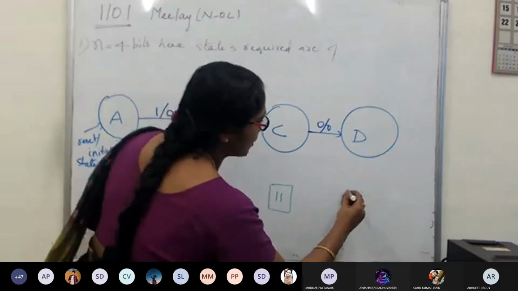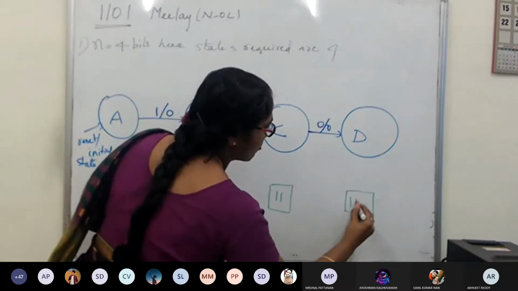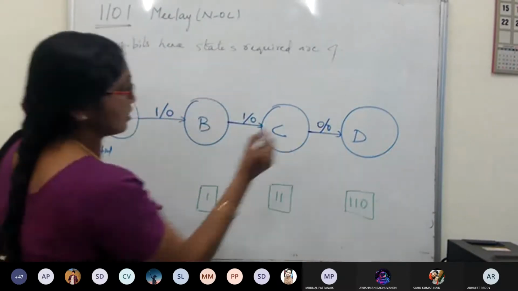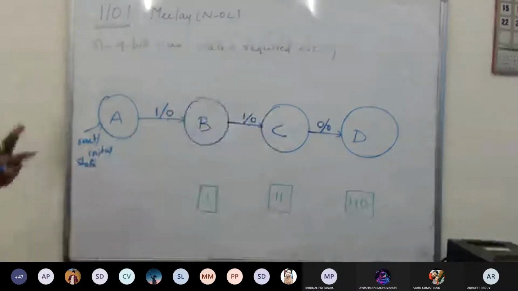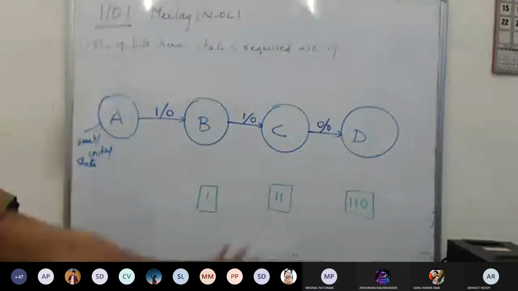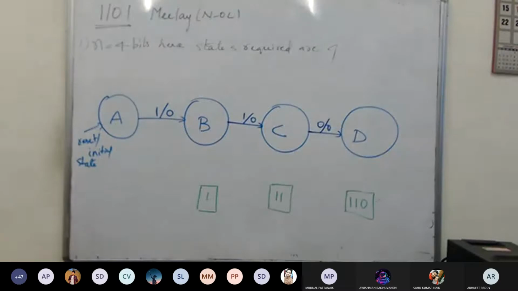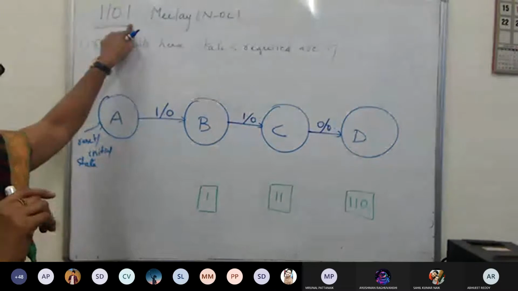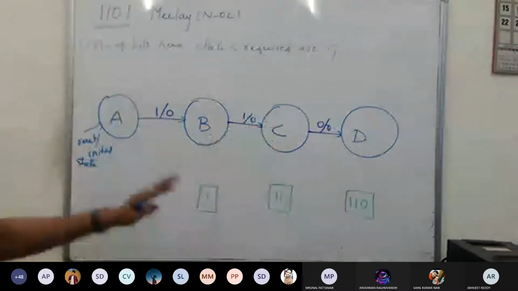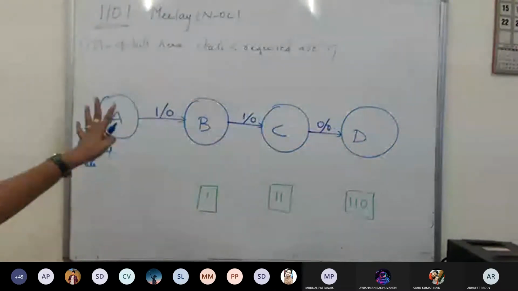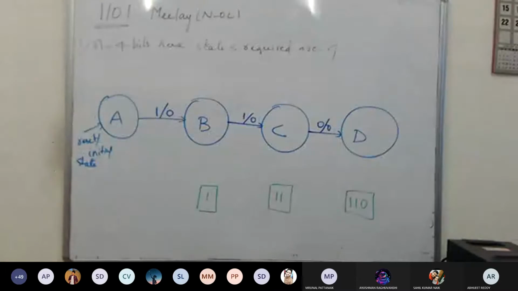So the box of D is 1, 1, 0 because it has seen 1, 1, 0. Next, one more bit is needed to complete the sequence, but I will keep it on hold because this is what the Mealy design is. The last bit's decision has to be taken very carefully after finishing the complete state diagram. Is that fine? Please try to follow. This is a repetition I am trying to do.